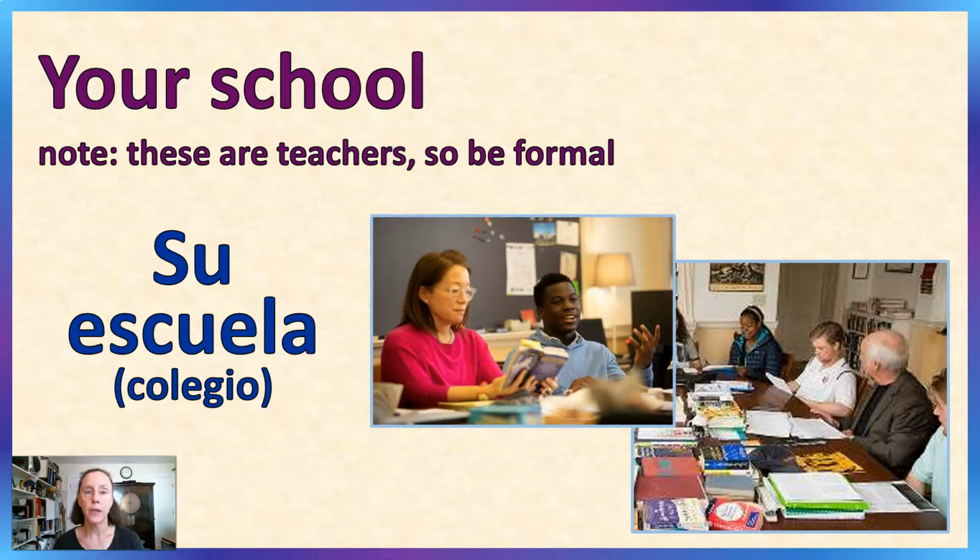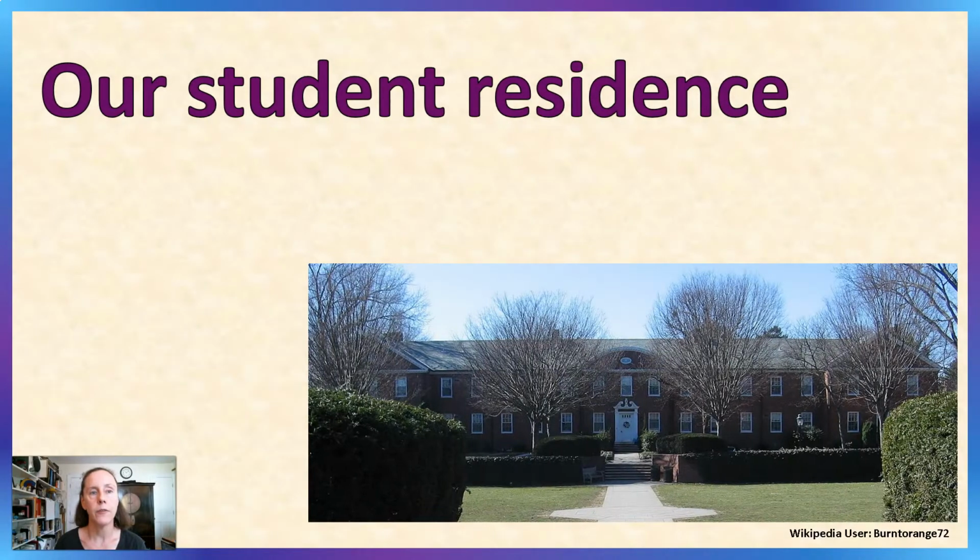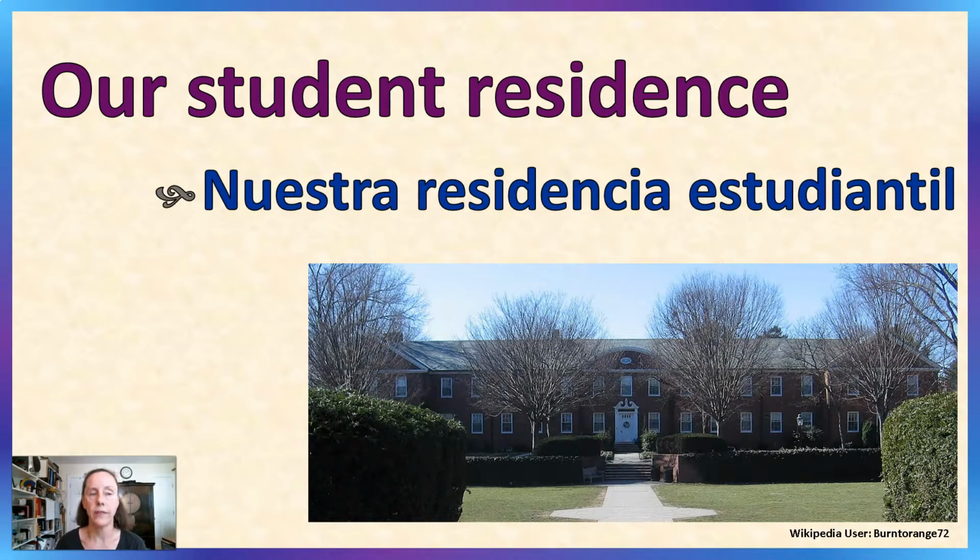Remember, we pick the possessive adjective based on the owner or owners, but then we make it agree with the noun that we're describing. Let's continue. Go ahead and pause. Nuestra residencia estudiantil. We are the owners, but there's only one residencia, so that is singular.